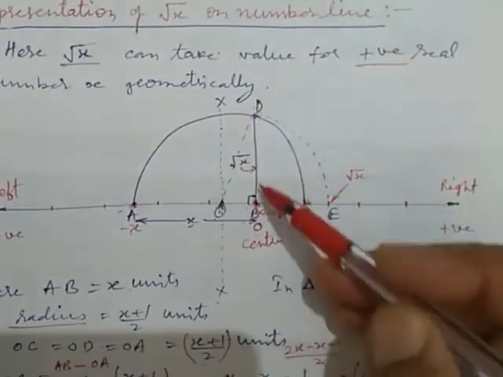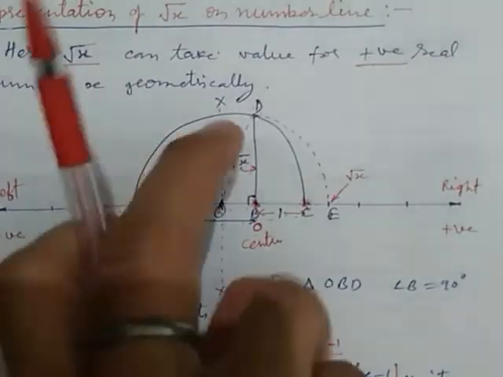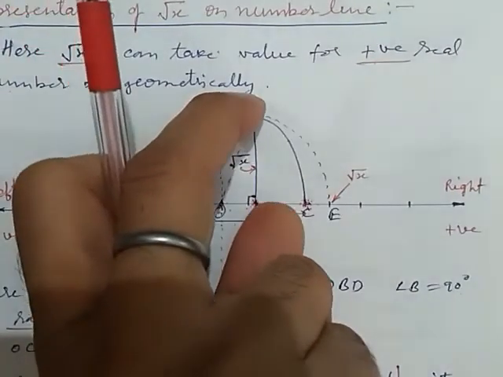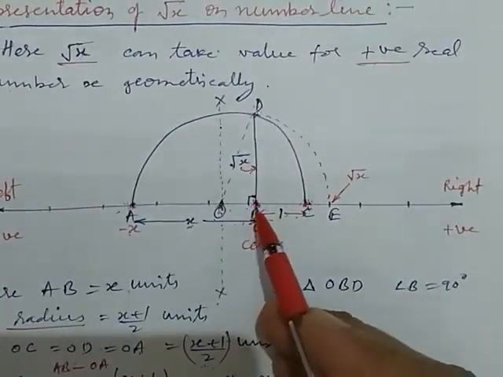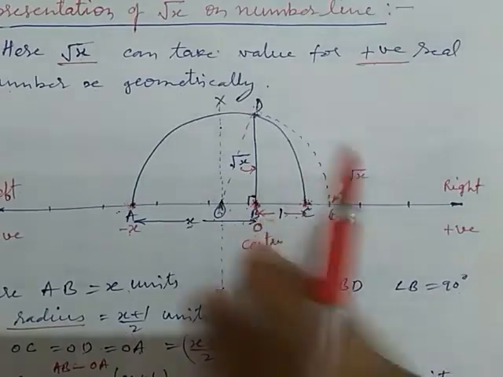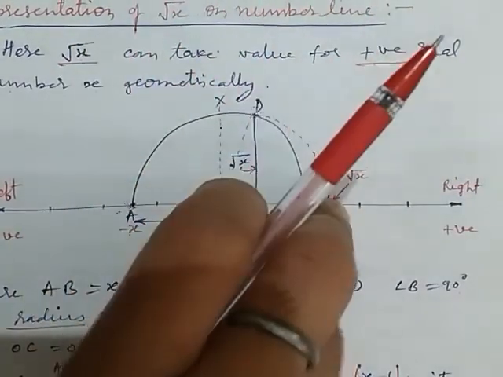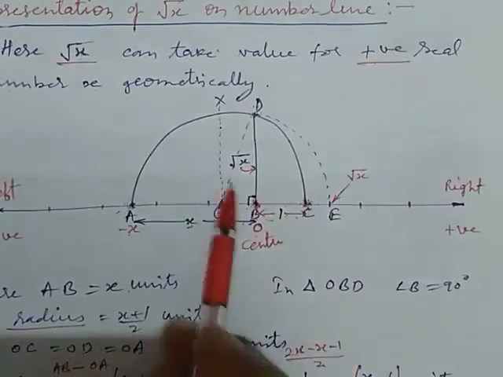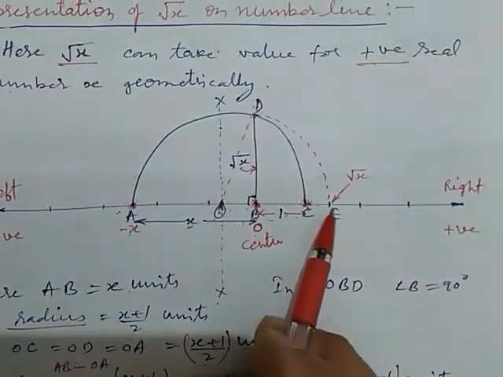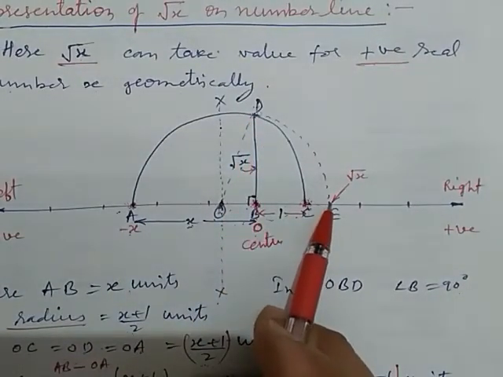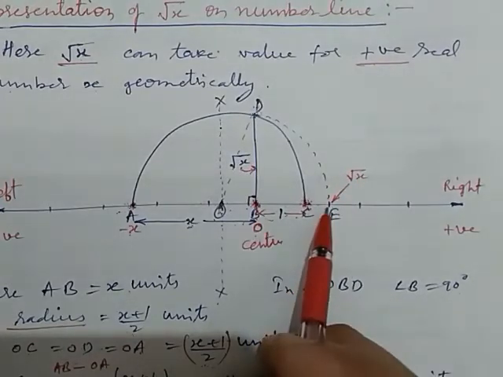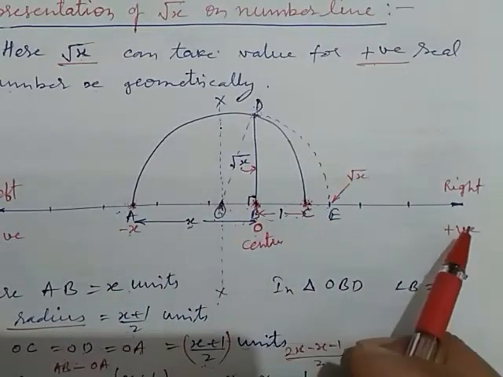This BD is the radius. Open the compass like this and put the compass at B and make an arc. BD intersects the number line at E, so we get root x on the number line.